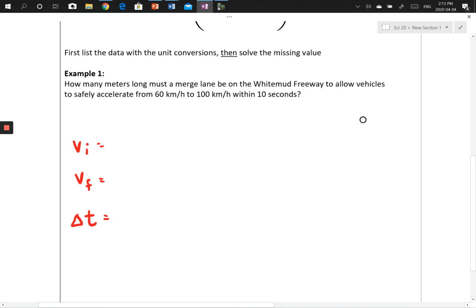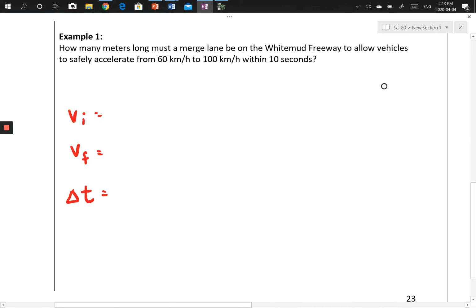So here's example number 1. How many meters long must a merge lane be on the White Mud Freeway to allow vehicles to safely accelerate from 60 kilometers per hour to 100 kilometers per hour in 10 seconds? So I know I have my V initial, my V final, and my delta T. I actually have everything I need to solve this problem, but I do have one step I need to take.